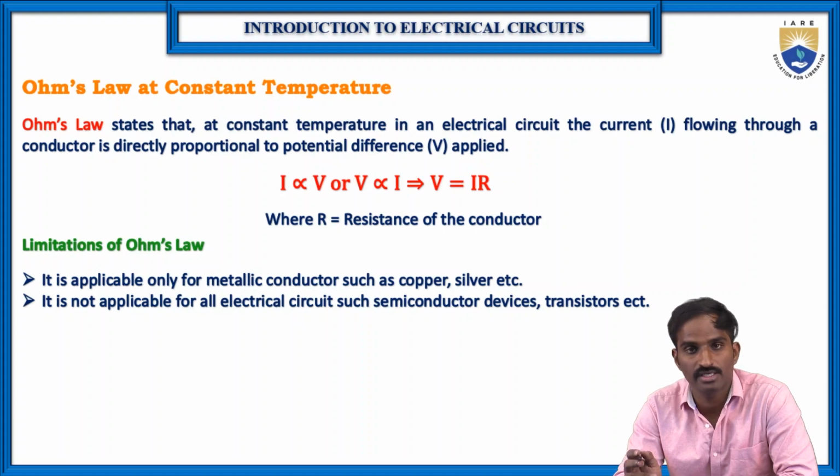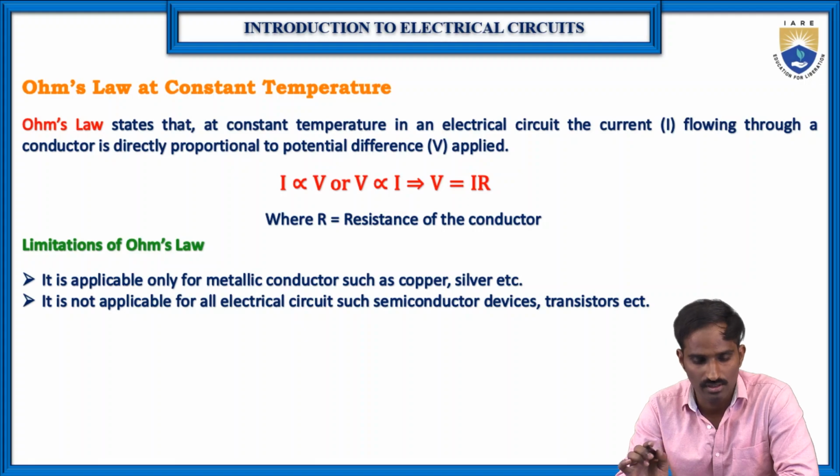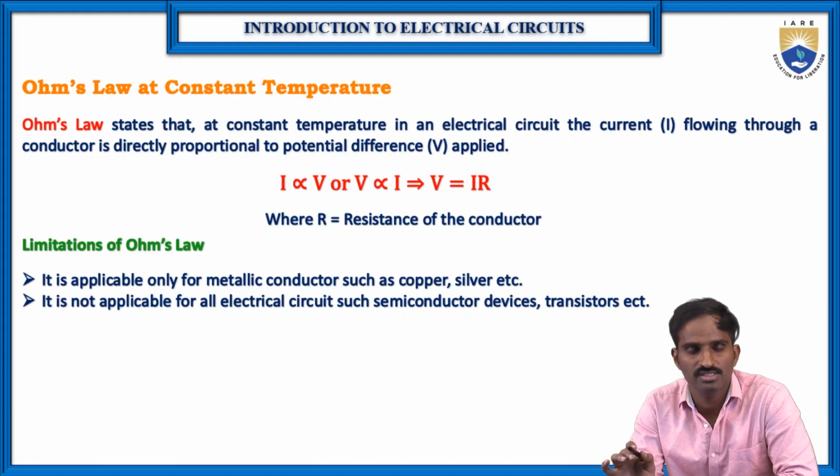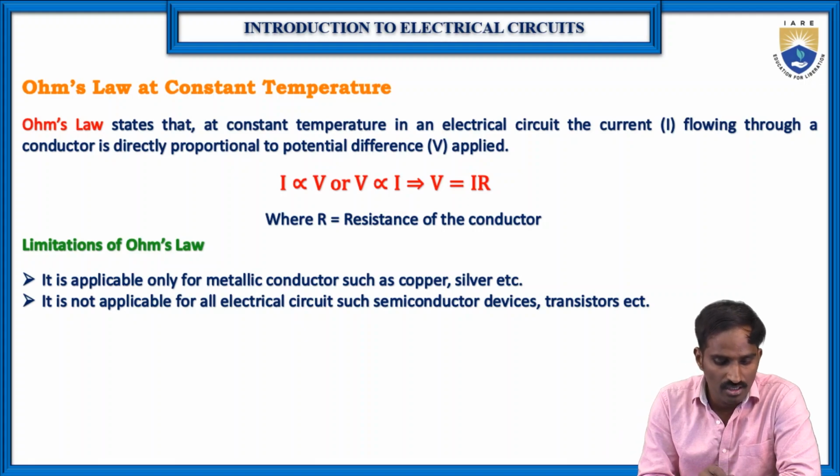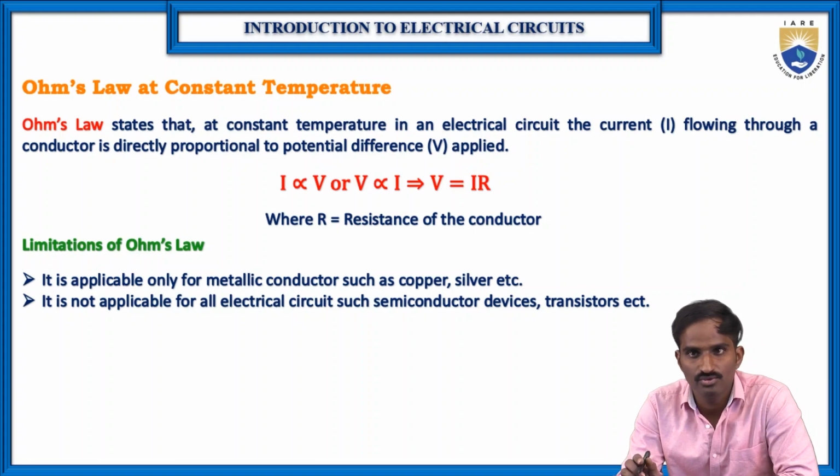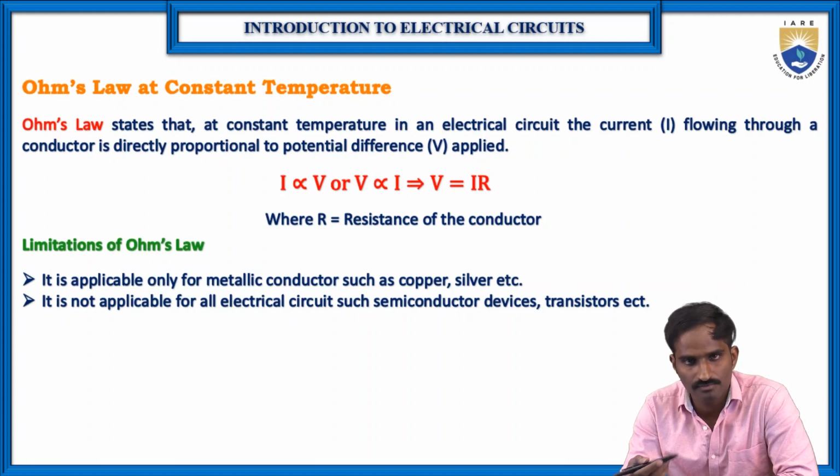An insulator does not allow the flow of electrons. So Ohm's law is applicable only for metallic conductors such as copper and silver, and it is not applicable for electrical circuits with semiconductor devices, transistors, etc. We will discuss later what the semiconductor devices are.